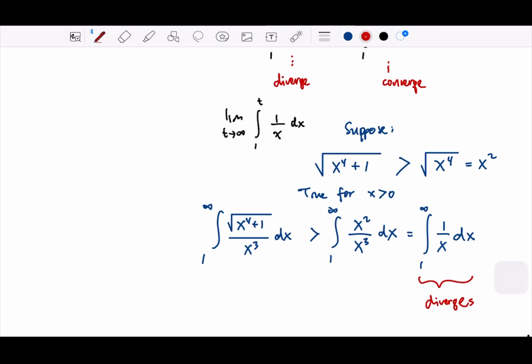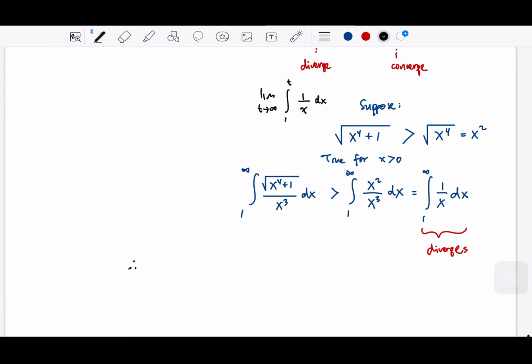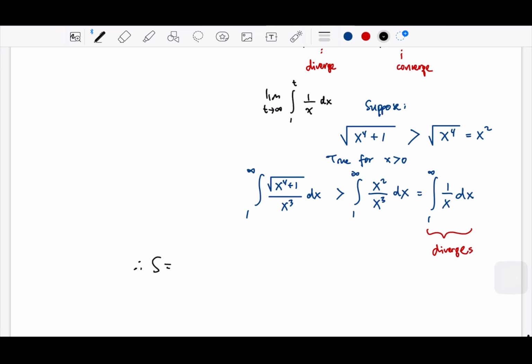So there will be a case where you find the surface area is infinite, but the volume is finite. You could compute the volume and find the number, but you couldn't find the number for this surface area. So we could say at the end, the conclusion, that this will diverge.